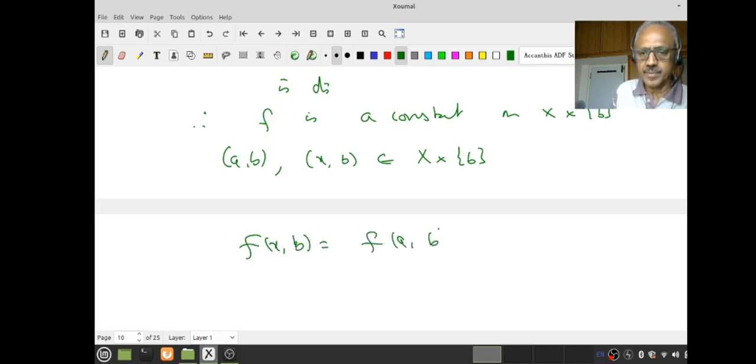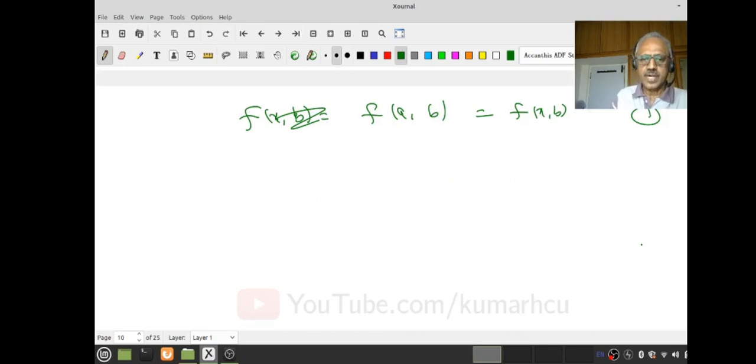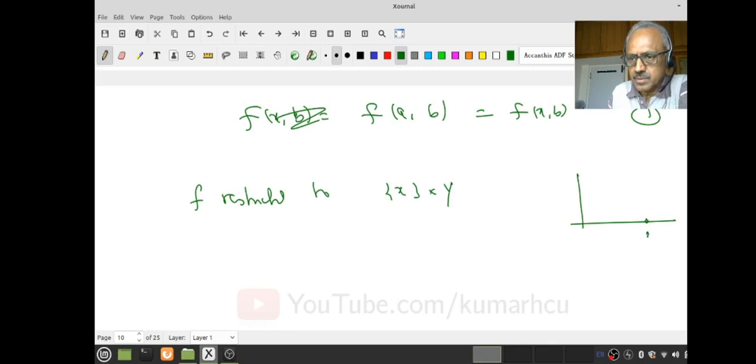Let me write f(a,b) equal to f(x,b). Do you understand? Now argue similarly, f restricted to {x} cross Y, this is the space I am having, so this is x, this one, and this is my (x, b), and this is my (x, y).